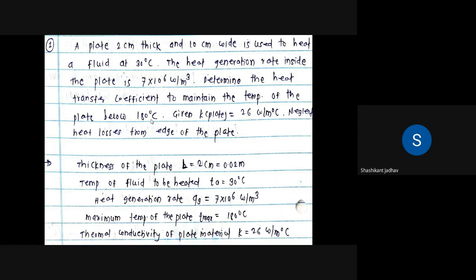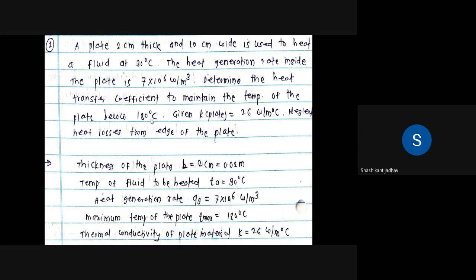So the temperature of the fluid to be heated, that is the ambient temperature, is given 30 degrees Celsius. The heat generation rate inside the plate, that is Qg, is given, heat generation per unit volume. So small Qg is equal to 7 into 10 raised to 6, that is watt per meter cube. Determine the heat transfer coefficient to maintain the temperature of the plate below 180 degrees Celsius. So maximum temperature is given. We have to maintain the temperature below this maximum.